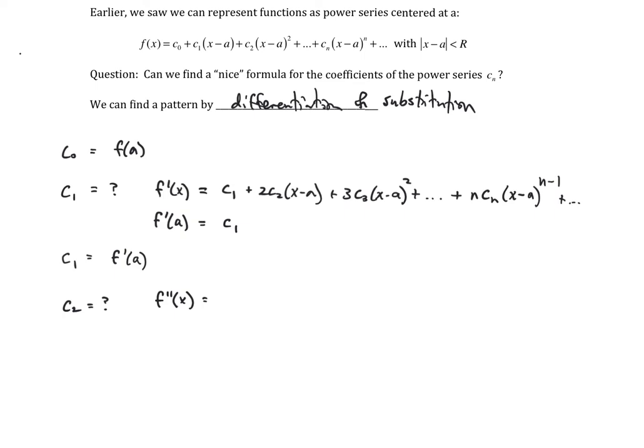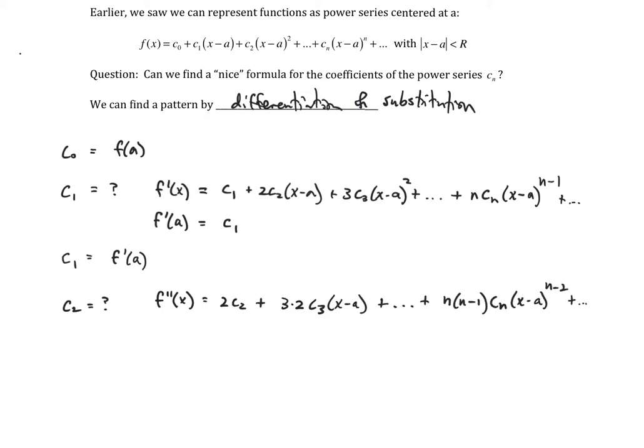So I end up with 2C2 plus, now let me take the derivative of the next term, that's going to be 3 times 2 C3 times x minus a. And then the general term is going to be n times n minus 1 times Cn times x minus a to the n minus 2.